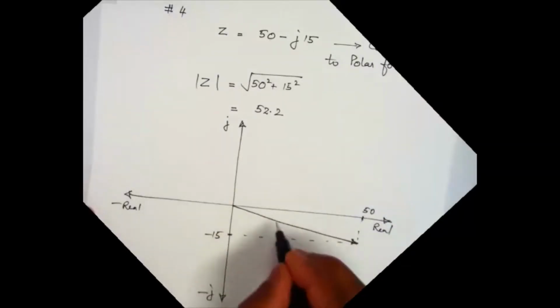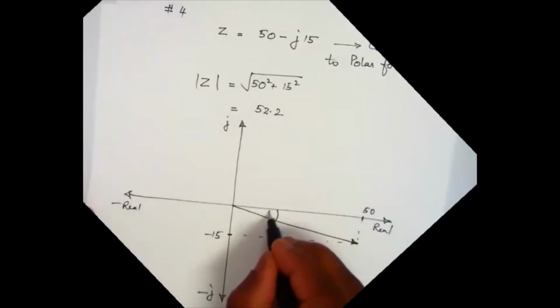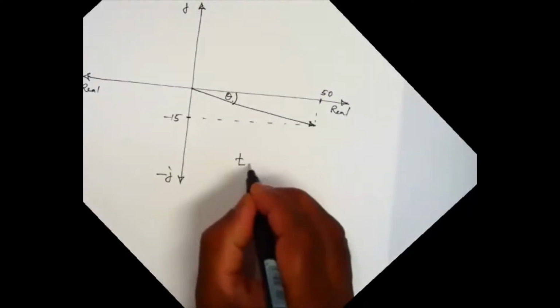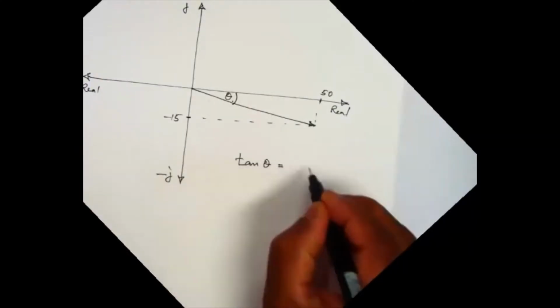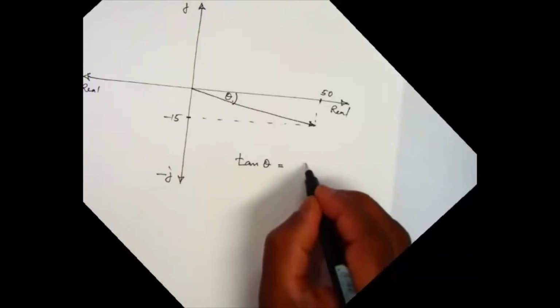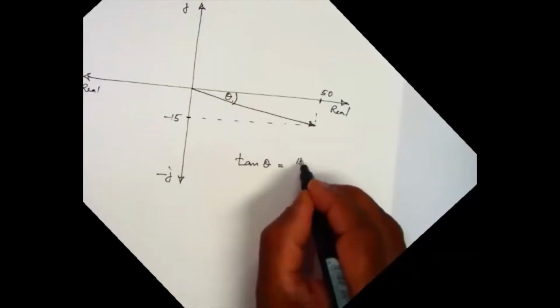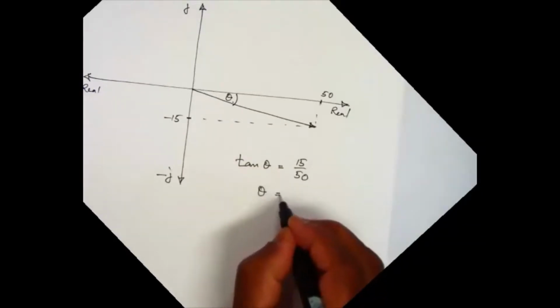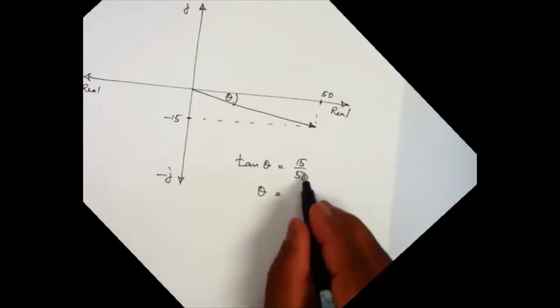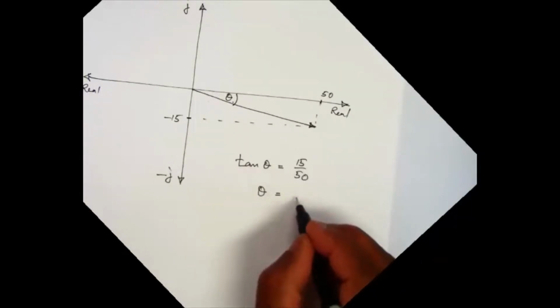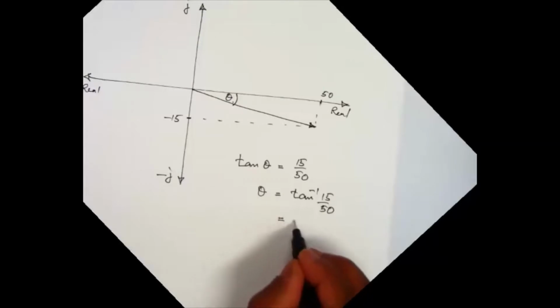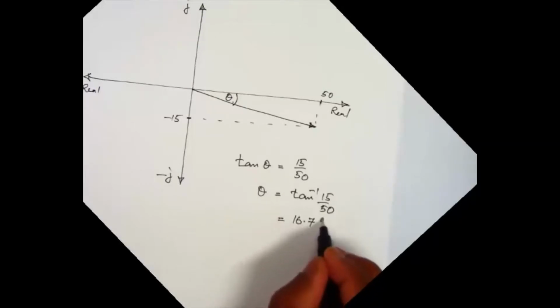So this angle, shall we say, that is theta, and tan theta is equal to 15 over 50, and theta will be tan inverse of 15 over 50, which is equal to 16.7 degrees.